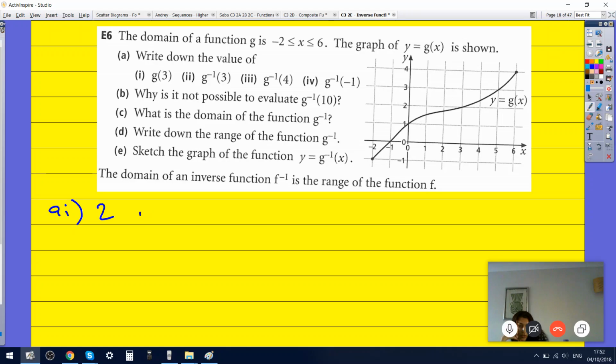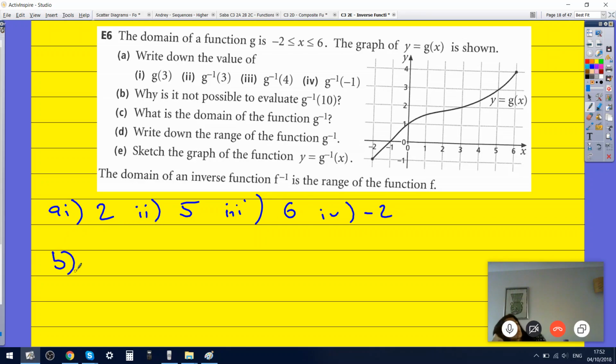Yep. g minus 1 of 3 is 5. Well done. g minus 1 of 4 is 6. And g minus 1 of 2 is minus 2.